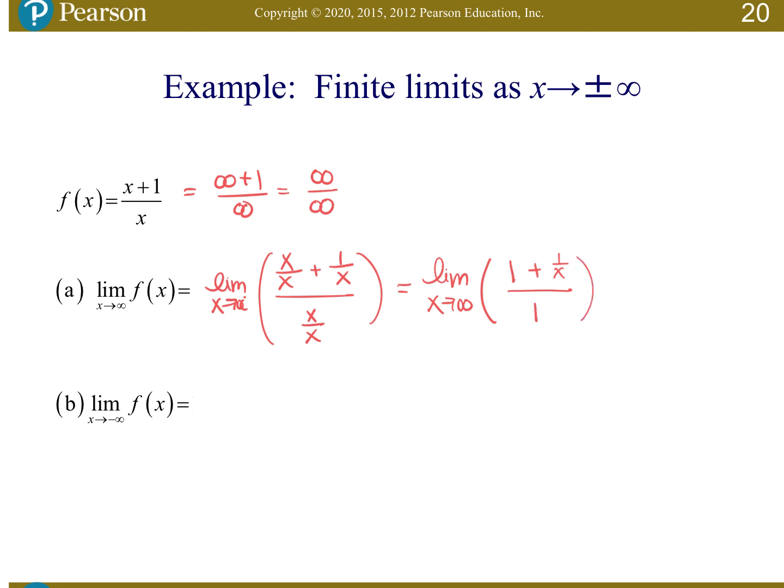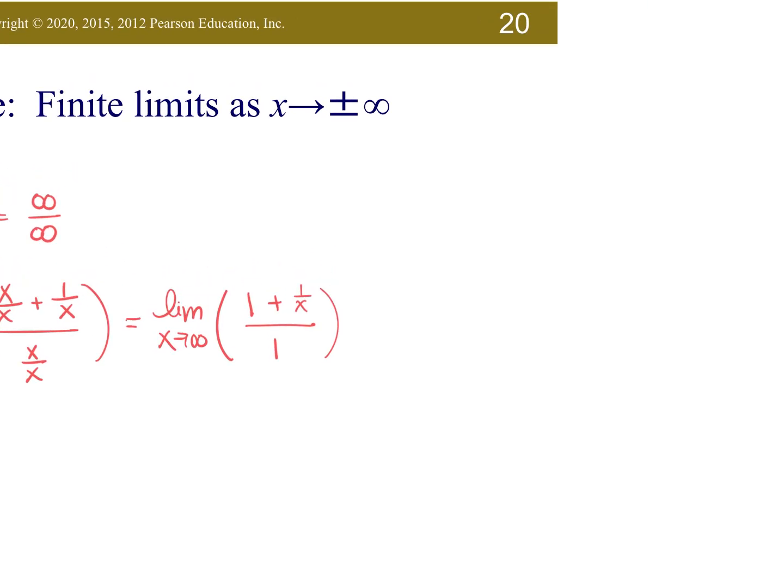Then retry plugging in infinity now. So now when we plug in infinity, we get 1 plus 1 over positive infinity over 1. And what did we learn is 1 divided by positive infinity? What kind of 0? Okay, so this would be 1 plus 0 plus over 1.